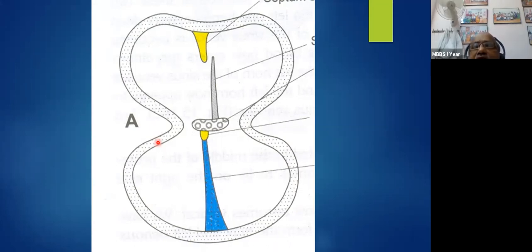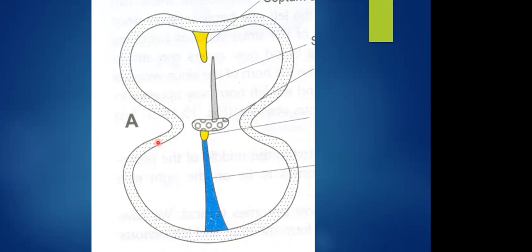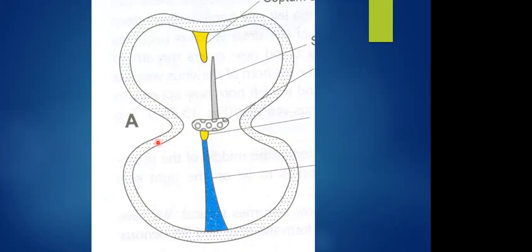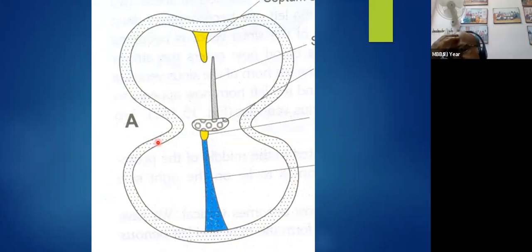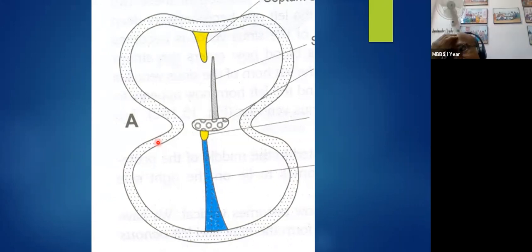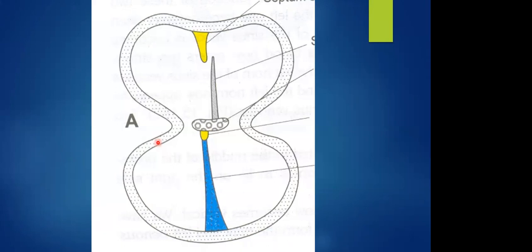We have only one aorta, not aortas. The plural of aorta is aorta. Okay, fine. Aortic sinus, what is it? Dilatation in the root of aorta, the ascending aorta, sir. Very good, very good.